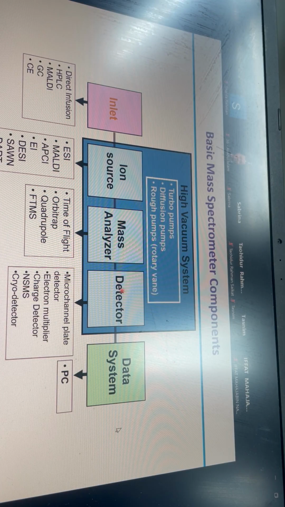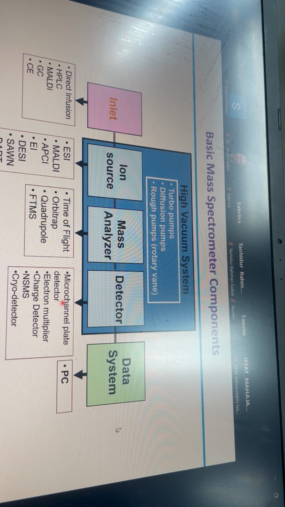Okay, it's not that all the ions can be transferred, because it's sometimes very difficult to generate ions from liquid and solid. So of the ions you generate and transfer, how many actually reach the detector? It's like a marathon. Many people may start the marathon, but at the finish line, maybe only a few people will cross. So the detector will be measuring how many ions actually reach the detector.